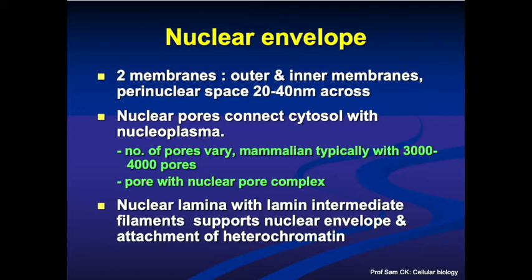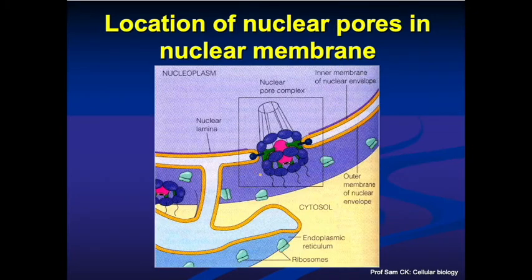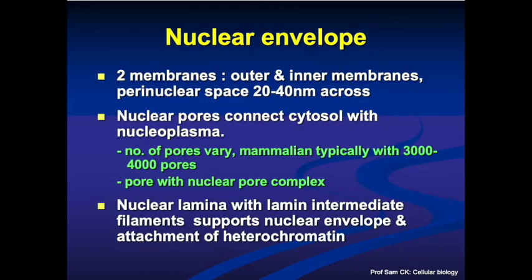And this pore is not just some hole, it's equipped with a nuclear pore complex, which is like this. We'll see more about the nuclear pore complex later on. But coming back here, the nuclear pore controls which molecules can pass through the nuclear envelope.